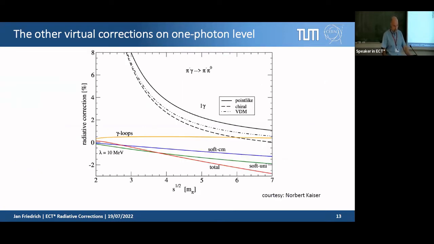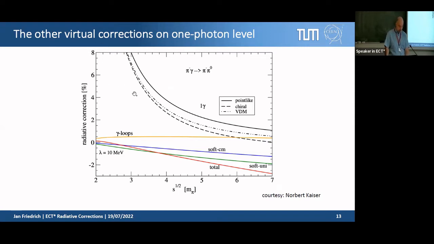So here you see a compilation of these results. The black line is again the photon exchange. It's marked here with 1 gamma correction, which then goes up to these 32%. So this is out of scale here.